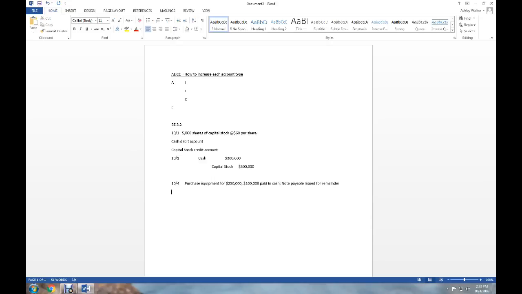So we're going to be dealing with more than two accounts here. What's the first account we're going to deal with? Equipment. Equipment's an asset, so we know that's going to be our debit account. Our next account we're going to use is cash. Is our cash increasing or decreasing? It's decreasing. So we know that cash is going to be a credit account.